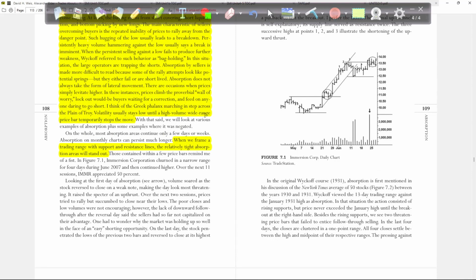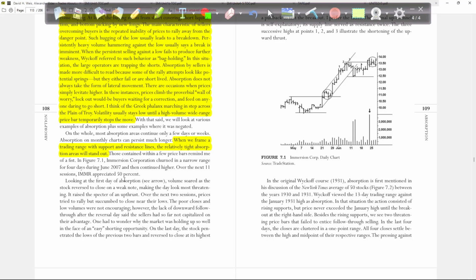In figure 7.1, Immersion Corporation churned in a narrow range for 4 days during June 2007, and then continued higher. Over the next 11 sessions, IMMR appreciated 50%.